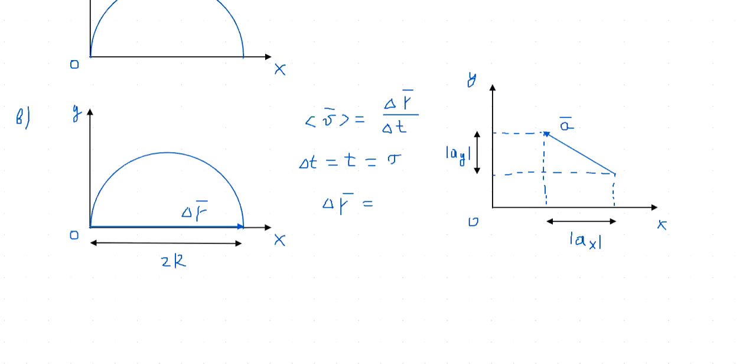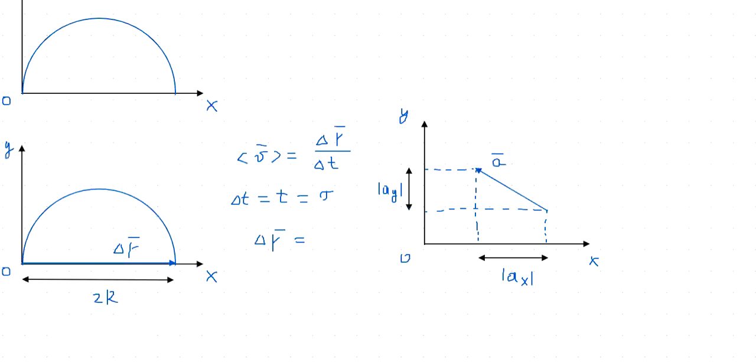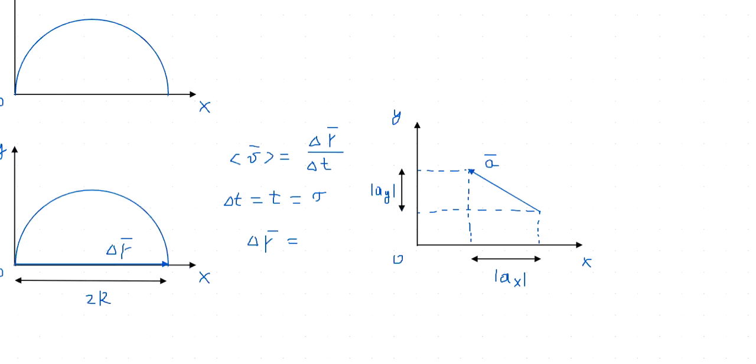Okay, and according to this picture, a is equal to, the direction is opposed to the x-axis, so it will be minus modulus ax times i plus modulus ay times j.